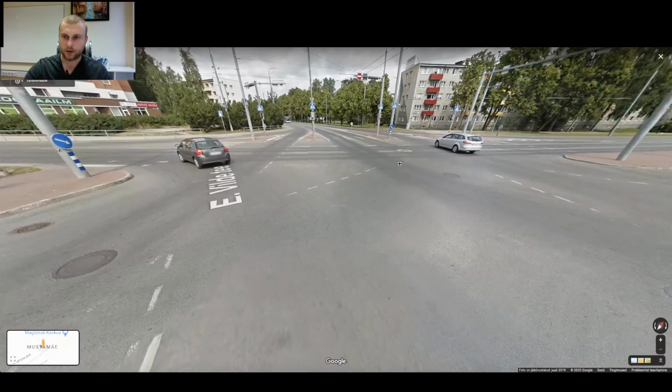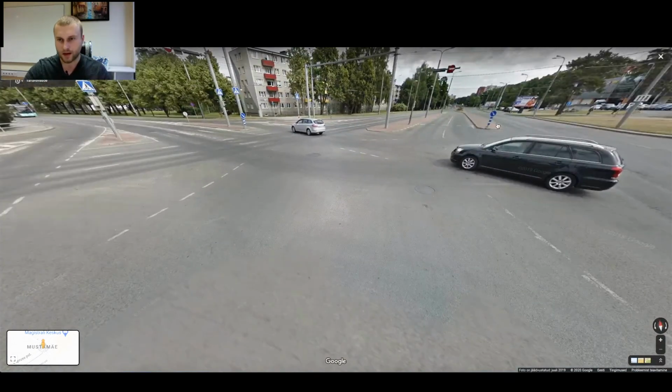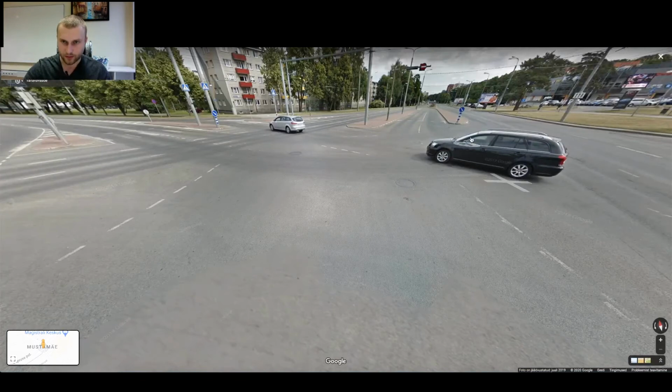Here also, only from the right. And here, only from the right. So you cannot enter oncoming traffic. It means usually that these two carriageways are for oncoming traffic, basically. So it means you have to move on the right side.